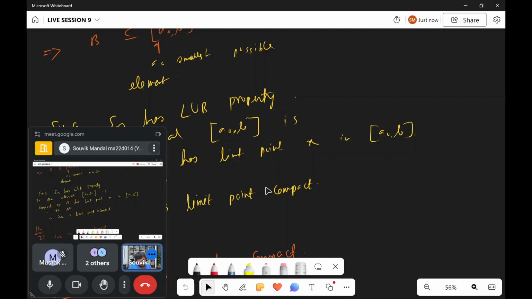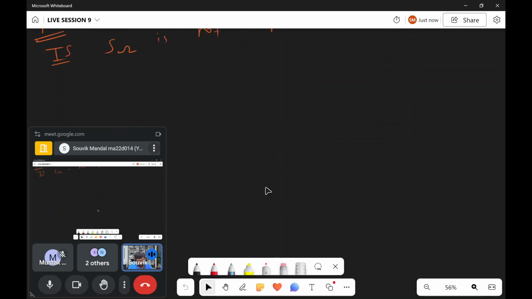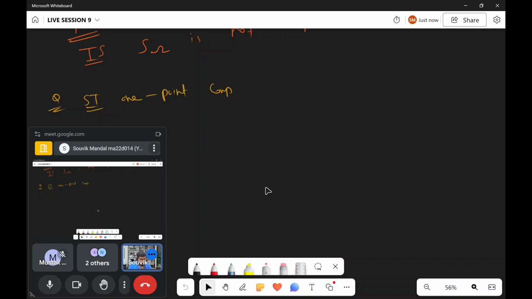The next question is: show that the one point compactification of R is S1.